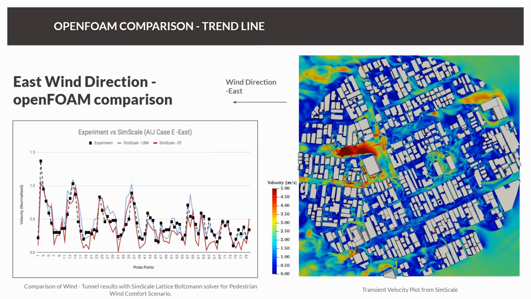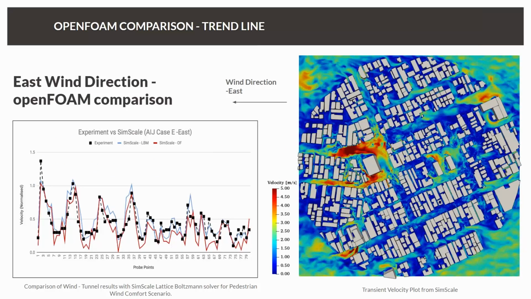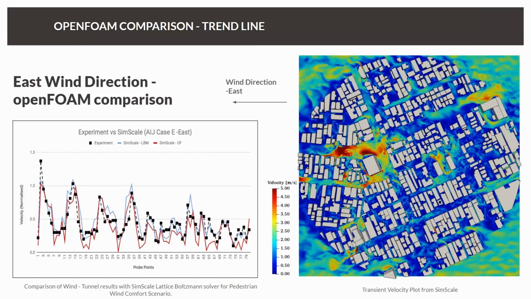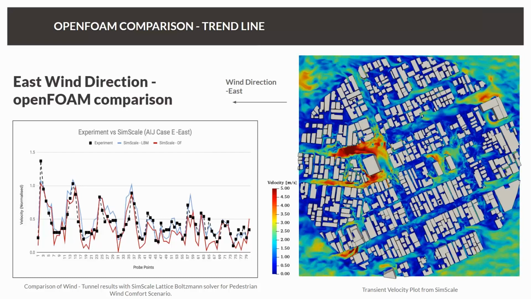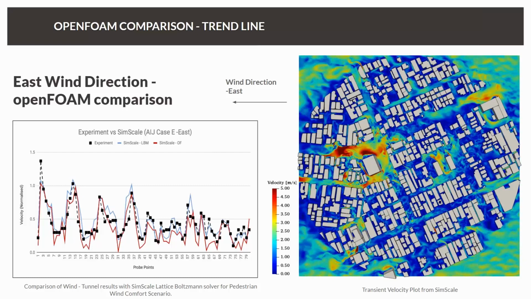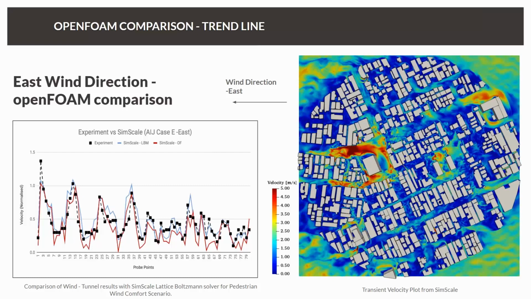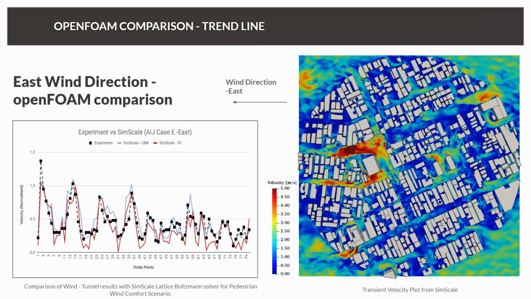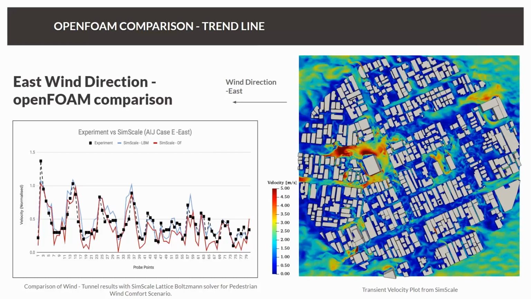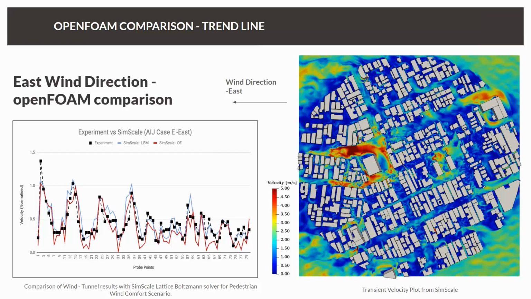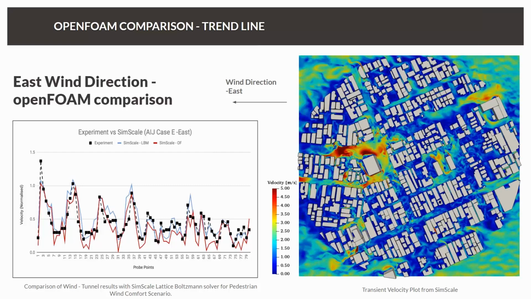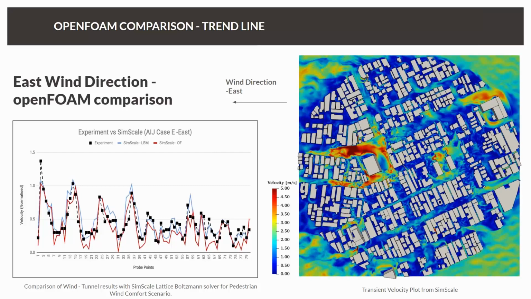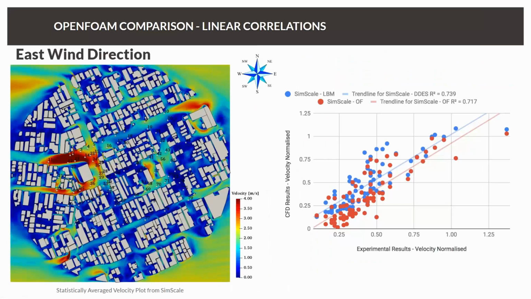And then finally, what we're looking at is a comparison between OpenFOAM and our Lattice-Boltzmann solver. And I think the first thing you pick up is that OpenFOAM is not a bad solver. In fact, it's accurate in itself. However, we do get an increased amount of accuracy with the Lattice-Boltzmann solver, and that is visible when we look at the R2 values.